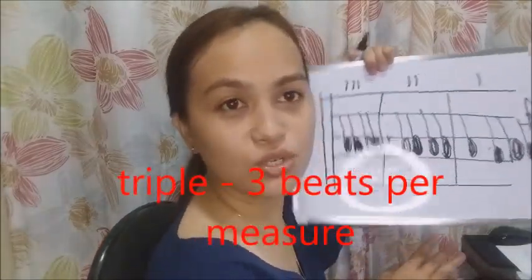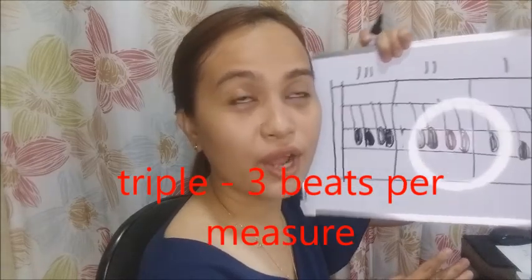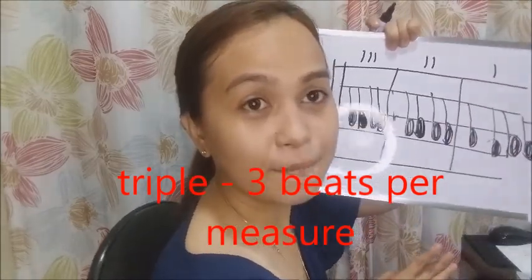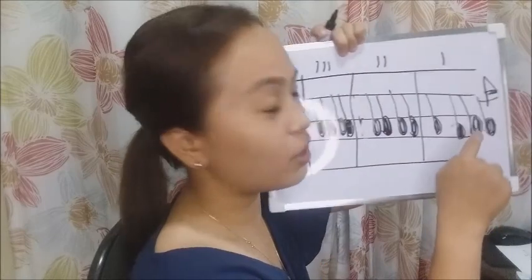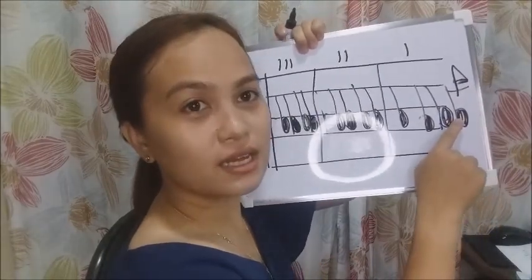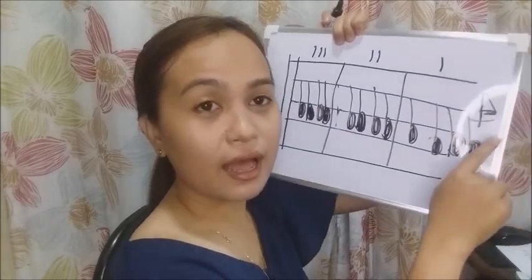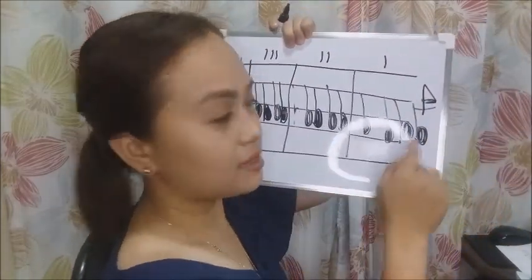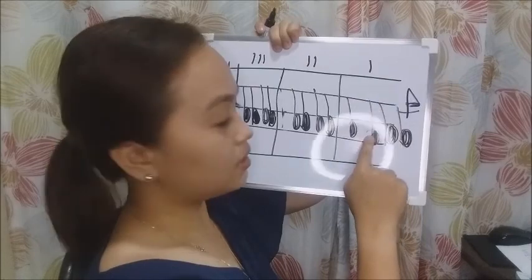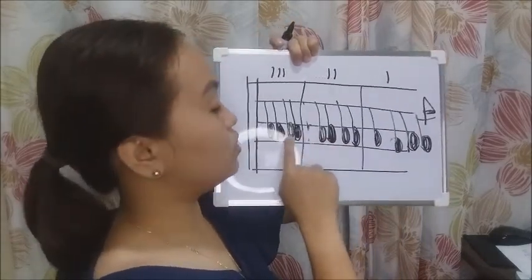And how about triple meter? Tri means 3. So it has 3 beats per measure. Just like the second example I made lately, 1, 2, 3.